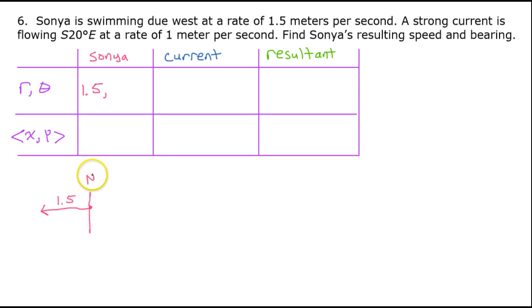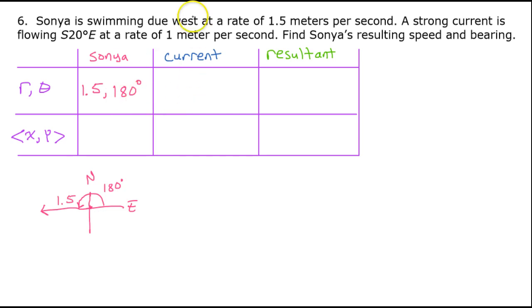If this is north and this is east, if we measure this direction starting from east, you can see that we are talking about 180 degrees. So that is the theta that we're going to use on this chart. So magnitude 1.5, direction 180 degrees from east.